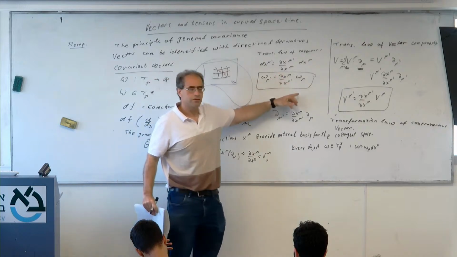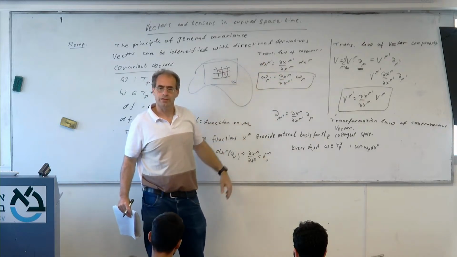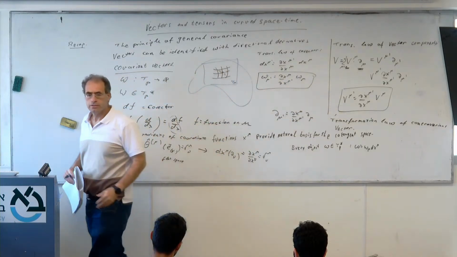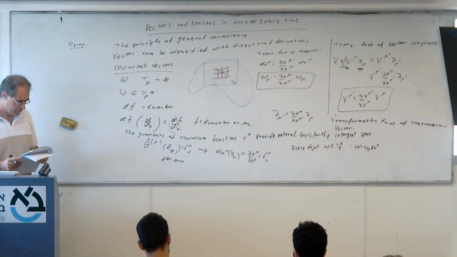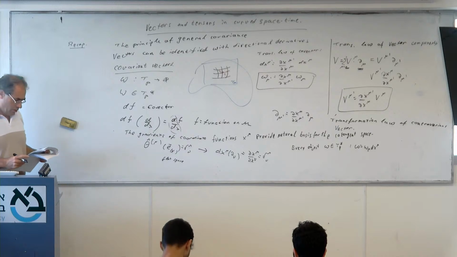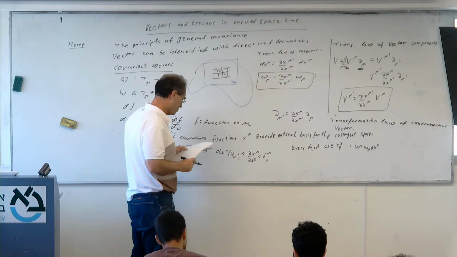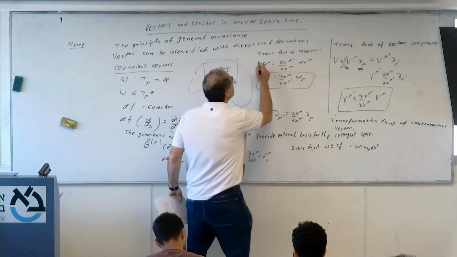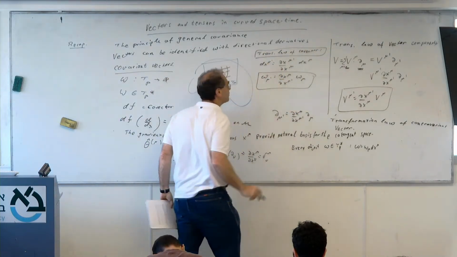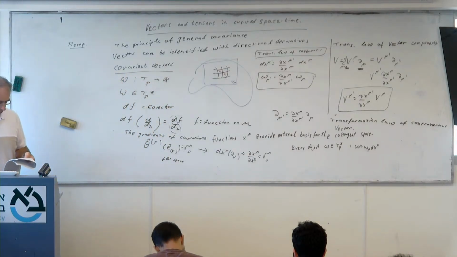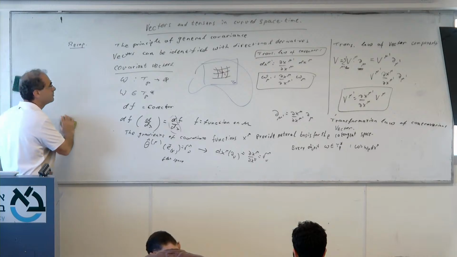What else can you do, right? If you're accepting these notations. So of course it is the opposite way as the transformation law of the vectors. So this is the transformation law of a covariant vector. What about tensors?